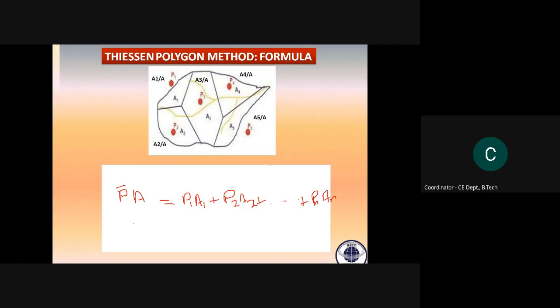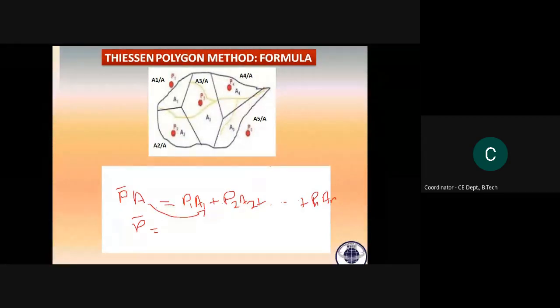Now what we can do, P average we will keep here. Now we will divide this whole thing by A. After that we will obtain what?